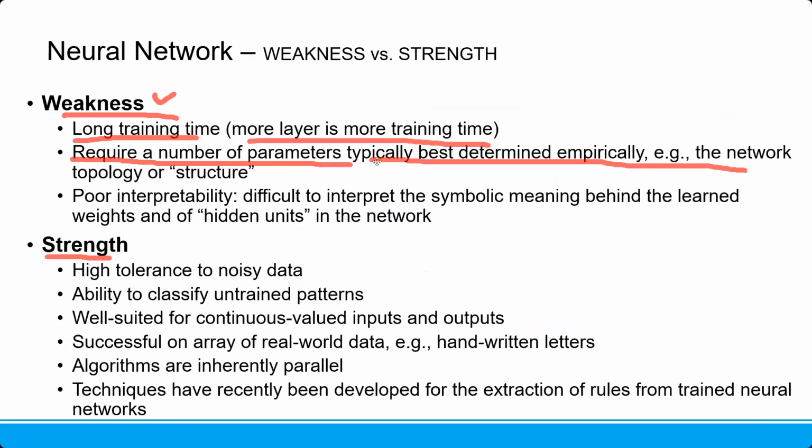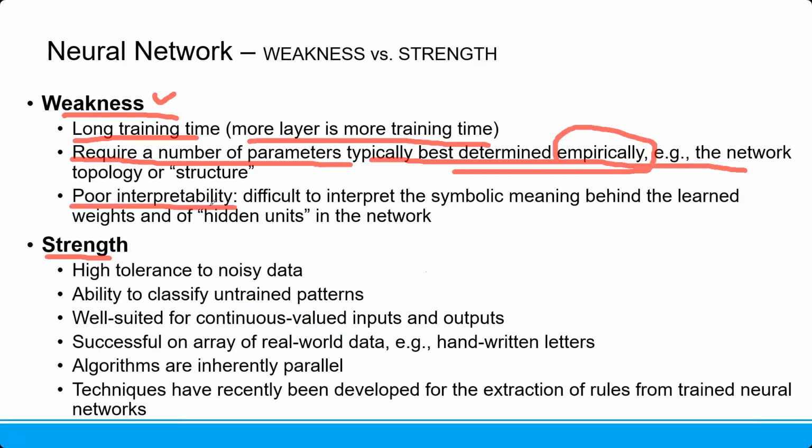The number of parameters is typically best determined empirically. So you need to adjust some kind of weight or the learning rate and other parameters to make it a better network. And this one, poor interpretability.